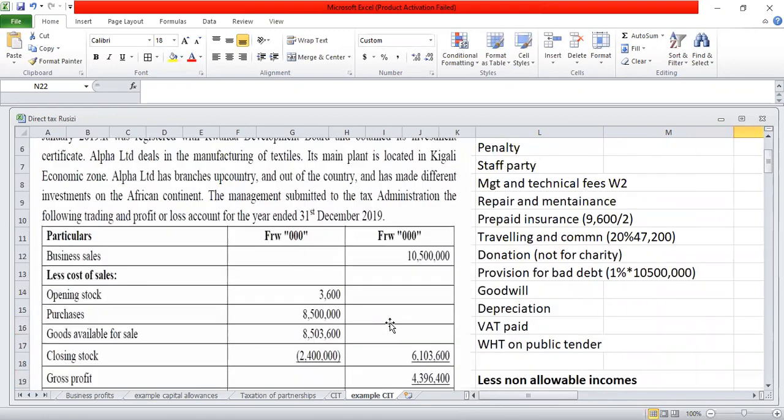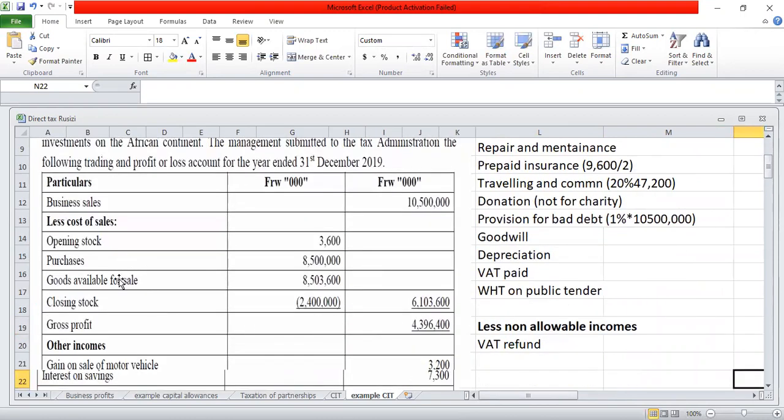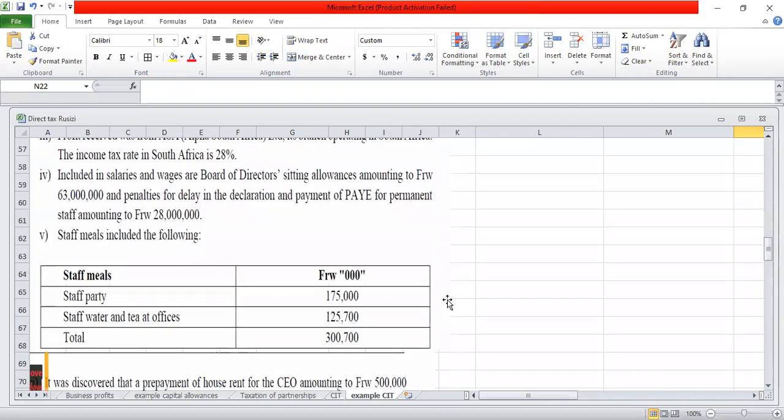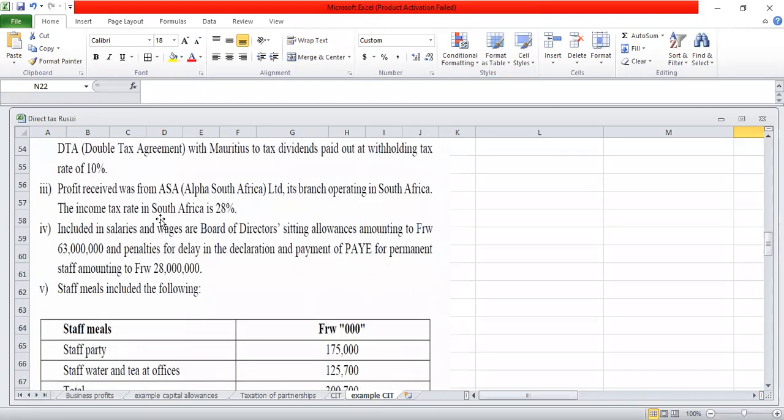Then another income is exchange gain. The exchange gain is taxable. It's allowed. We have a profit received of 658. So it has an information here. Profit received from South Africa, its branch operating at 28. So we are going to adjust that, I think.